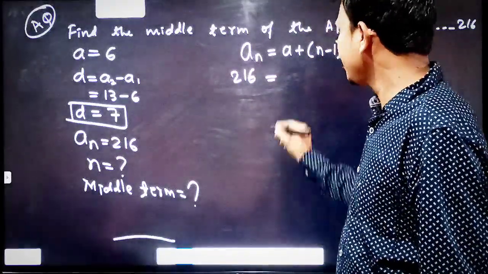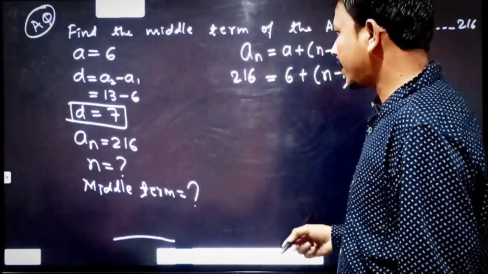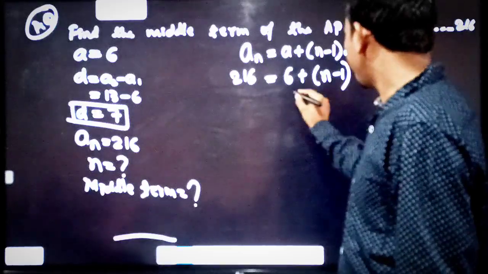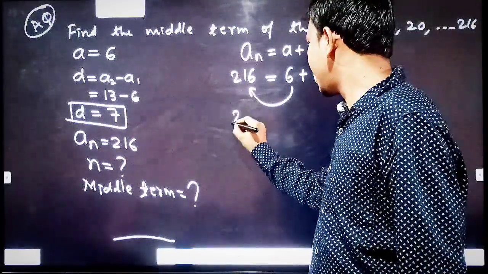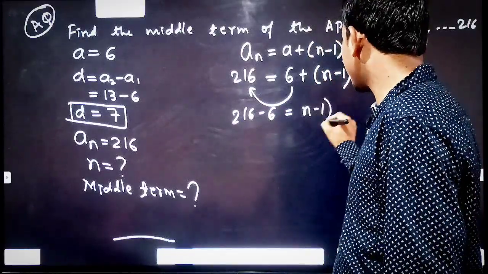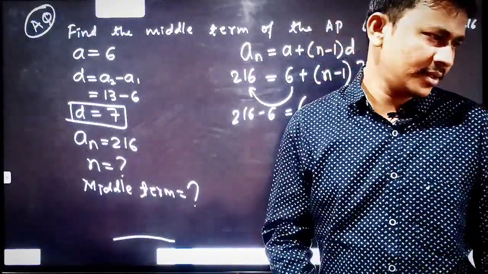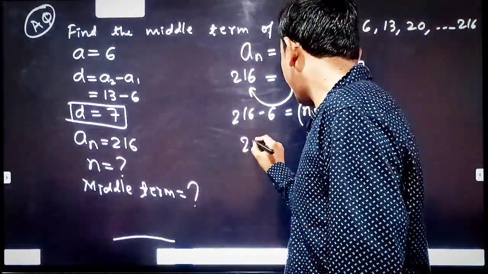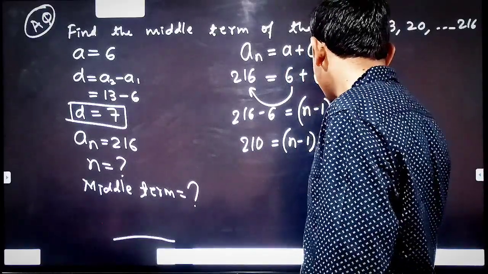What is a value? 6. n value, don't know. What is d value? 7. 6 will become minus 6. 216 minus 6 is equal to n minus 1 into 7. 216 minus 6? 210. 210 is equal to n minus 1 into 7.